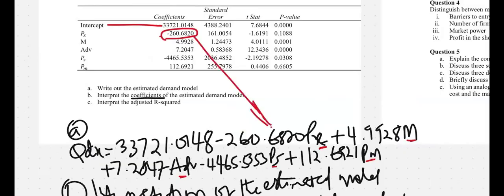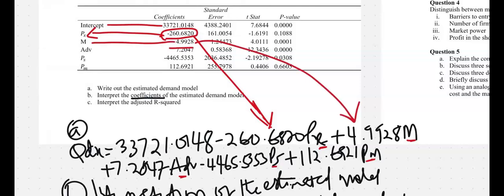We multiply that coefficient by the PX, which is written over there. Then the next coefficient is positive 4.998, which multiplies the corresponding variable. Sometimes we can call the intercept column variables or parameters. Whichever one will be written, we are okay with it.